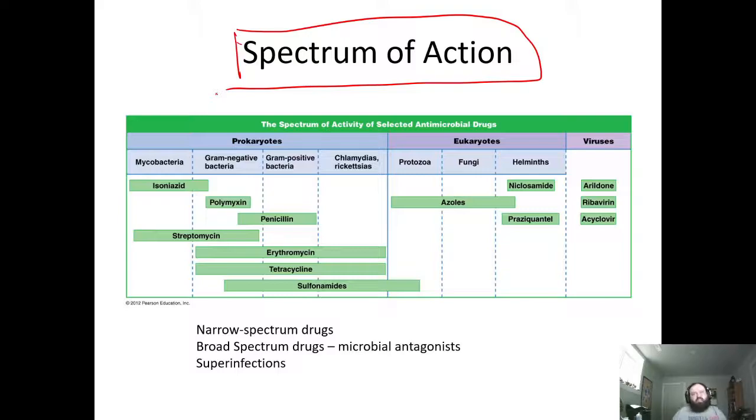What you want when you're using an antimicrobial drug, like an antibiotic, is you want the drug to be able to specifically target a feature unique to the pathogen that isn't present within the host. Like, for example, we have ribosomes in our body. Bacteria have ribosomes in their cell.